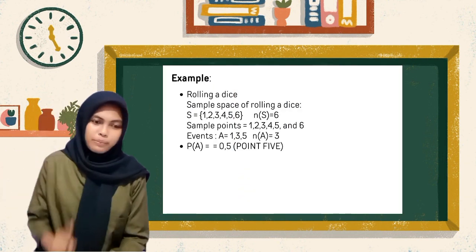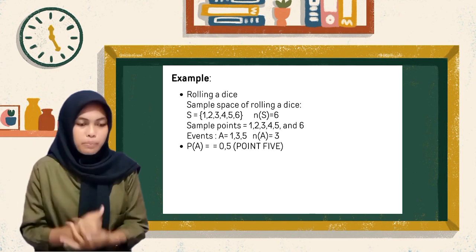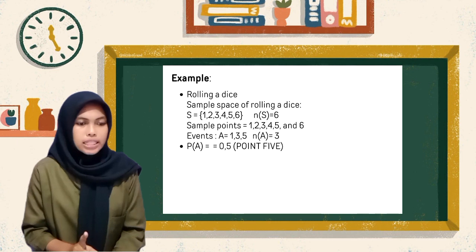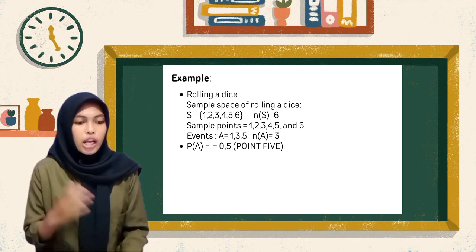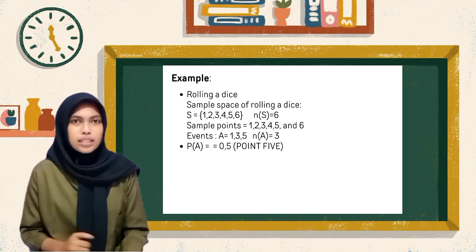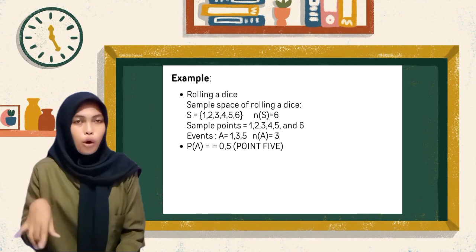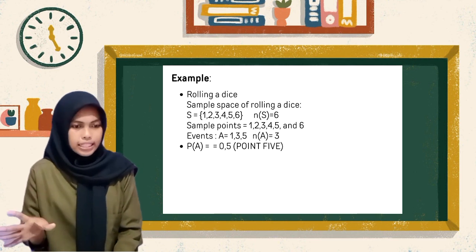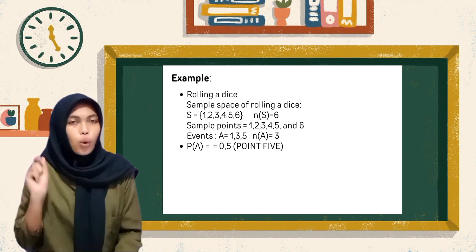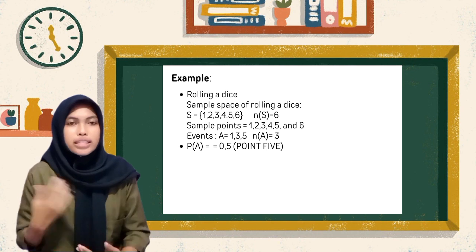Next, an example about rolling a dice. The first, the sample space of rolling a dice, that is S equals 1, 2, 3, 4, 5, 6, where N of S is equal to 6. Next, sample points equal 1, 2, 3, 4, 5, and 6.